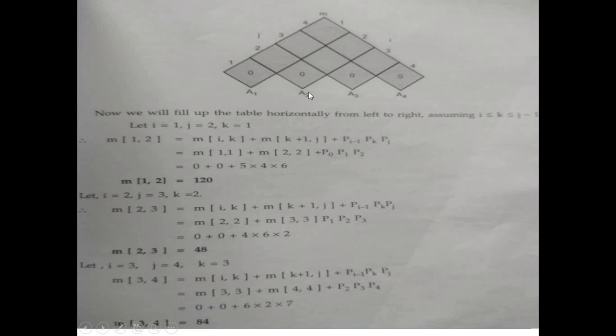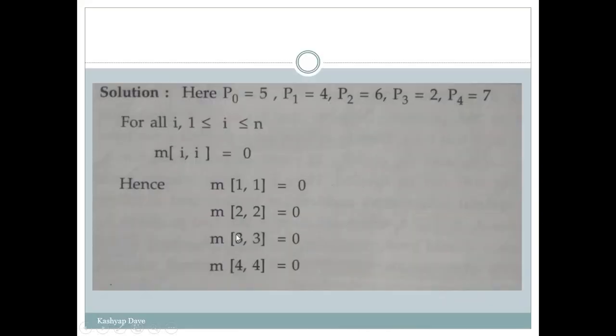This is A1, this is A2, this is A3 and this is A4. If we have only one matrix, meaning 1 and 1, then its result will be 0, as we have already seen. If we have 2 2, then the result will be 0. If we have 3 3, the result will be 0, and if we have 4 4, the result will be 0.